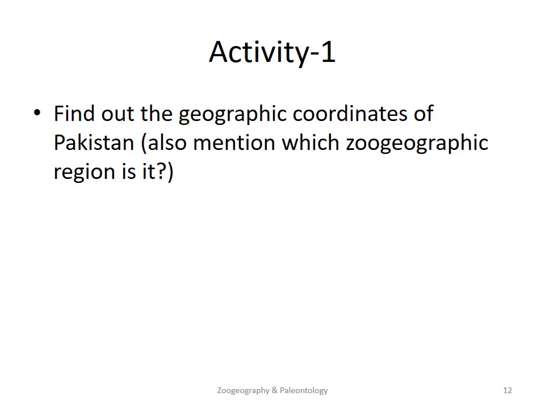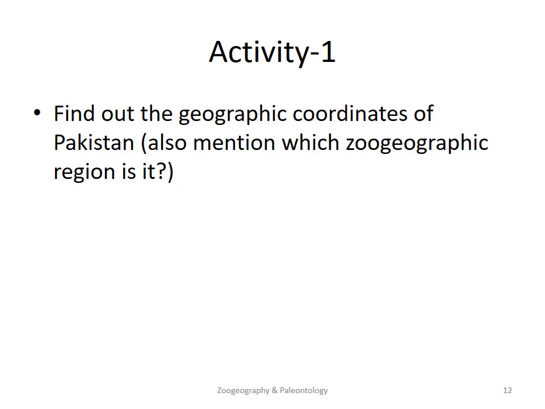After comprehending the geographic coordinate system, students can be engaged in different sorts of activities. For example, I have designed an activity where, after demonstrating these geographic coordinate systems, students can find out the geographic coordinates of Pakistan. They can also mention which geographic region it belongs to.